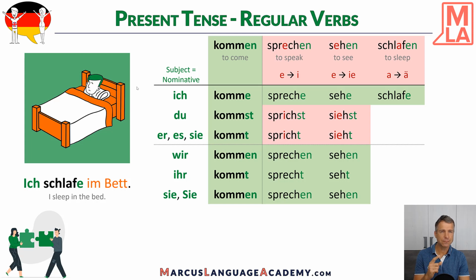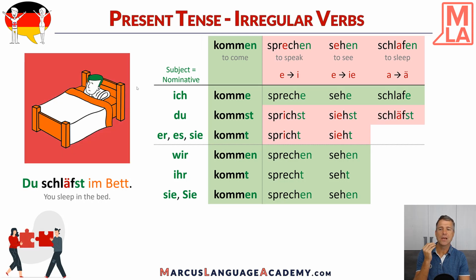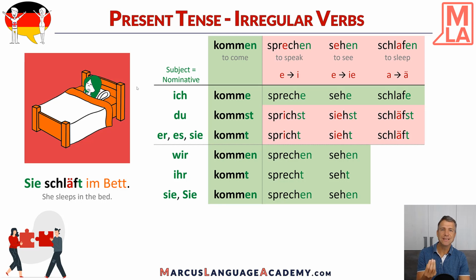And second person, so I told you that we need to change, so it becomes du schläfst. A with the dots. Du schläfst im Bett. And third person, er schläft im Bett, or es schläft im Bett, or we can say also sie schläft im Bett. She sleeps in the bed.